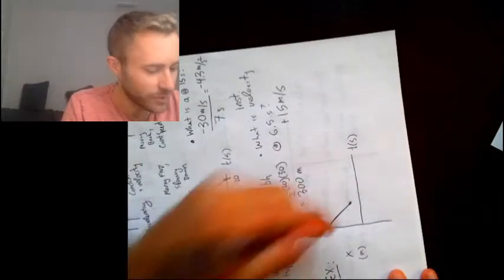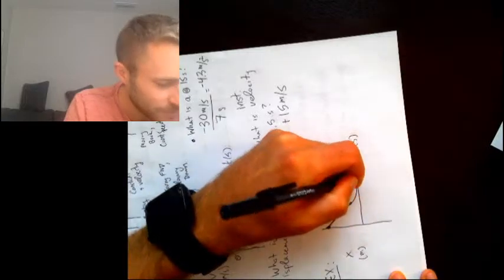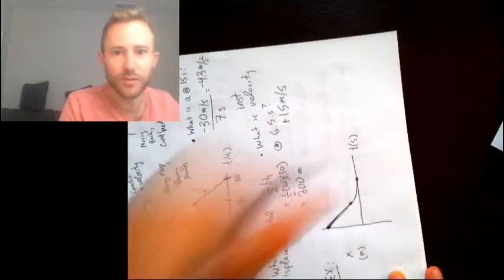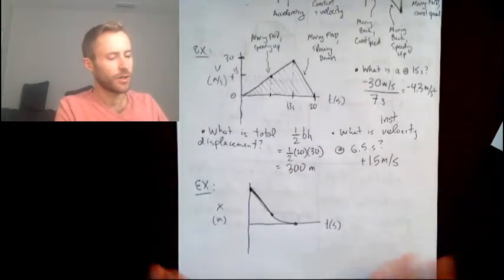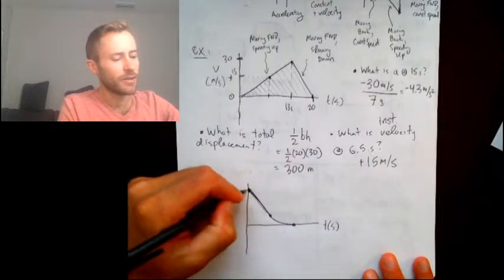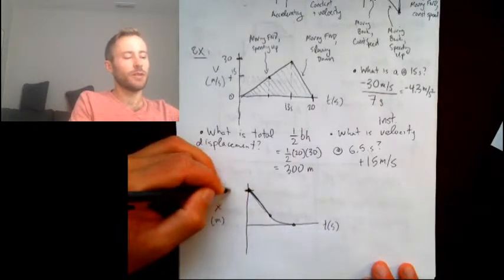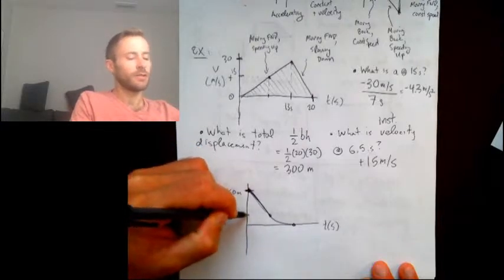I'm going to rotate this just so I can draw my lines easier. That's supposed to be a straight line. Okay, so it's kind of like a ramp. This is coordinate, let's say 50 meters. This is 10 meters.